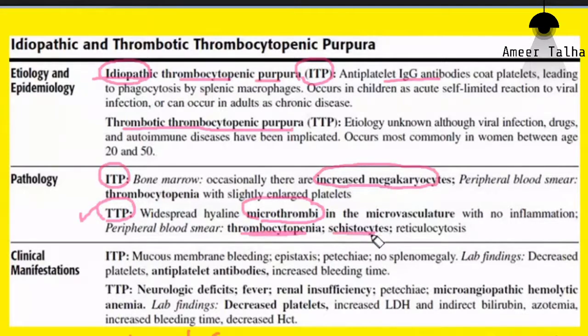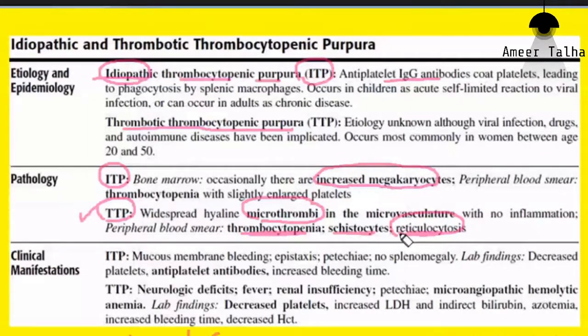Schistocytes will be present and reticulocytes will also be seen. So, what is a reticulocyte? A pre-form of RBC. This is the immature form of the erythrocyte. Just like the megakaryocytes are the immature form of thrombocytes, the reticulocytes are the immature form of the erythrocytes.